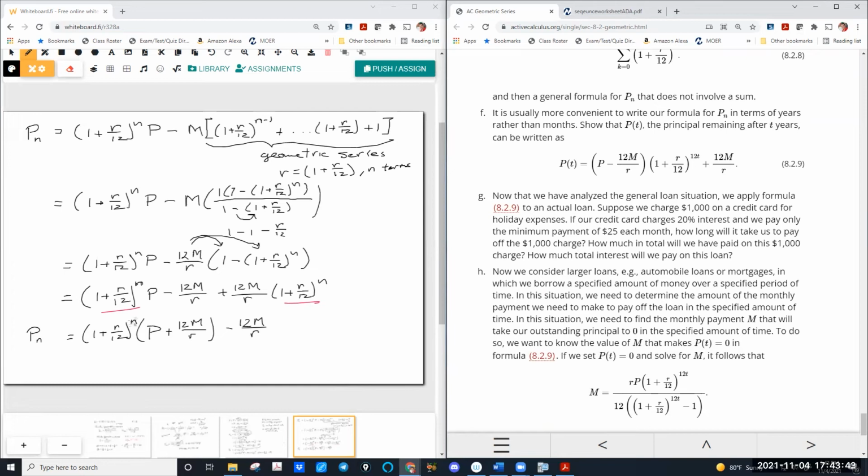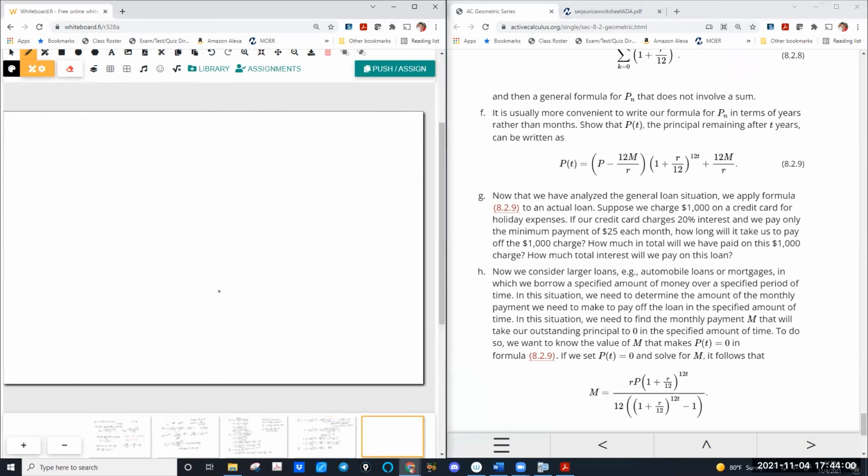Well, then what we're trying to solve for is N. Okay, a couple different ways you can do that. Number one, you can solve for N from the beginning, or you can wait until the end to solve for N. But here's, let's do this. I need a little bit more space.